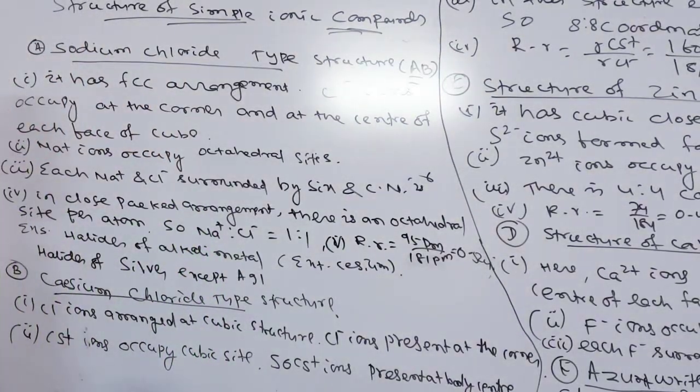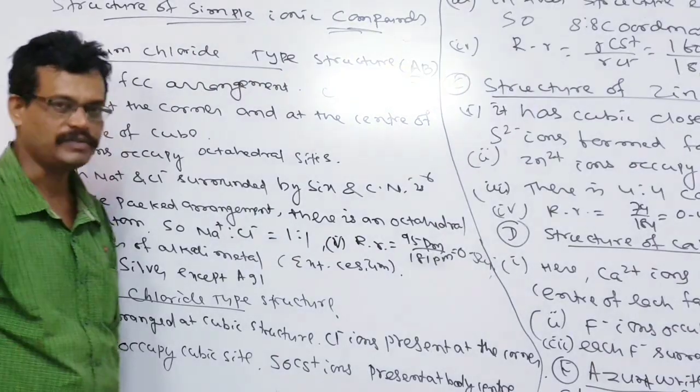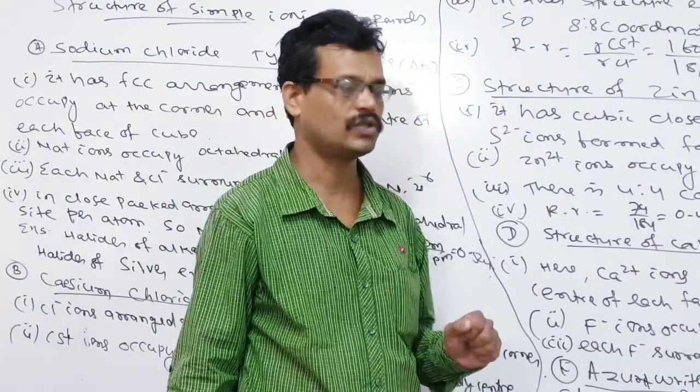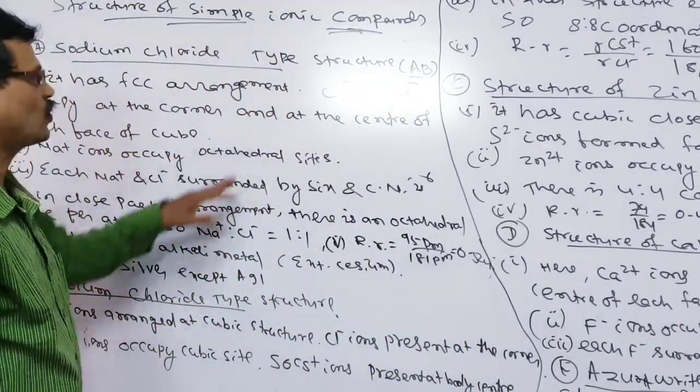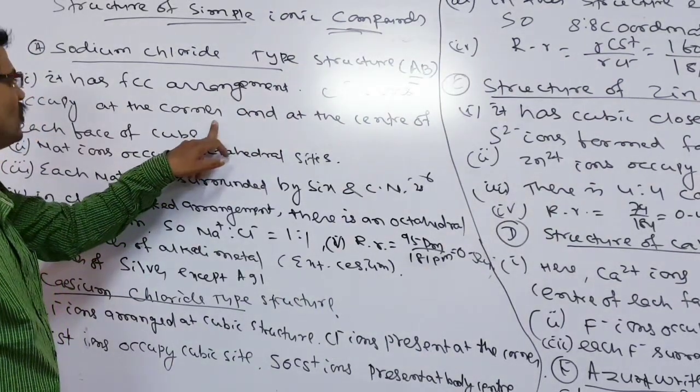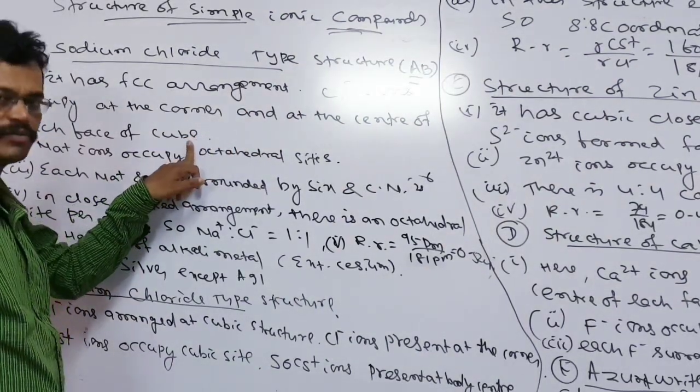What are the features of this structure? It has an FCC arrangement. FCC means face centered cubic structure. Here the chloride ions occupy the corners as well as the centers of the faces of the cube.